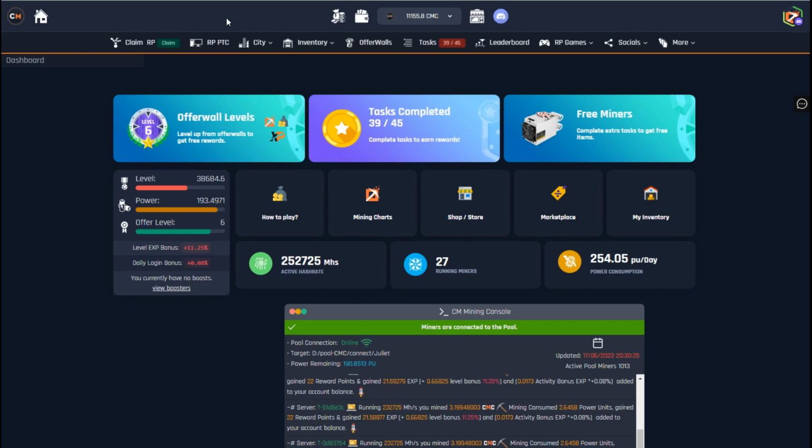So all you've got to do, if you want to continue to withdraw to Faucet Pay, is simply go into your account and click on the tab in the menu bar at the top that says wallet. Then you'll see all the different coins listed, and next to each coin it says withdrawal, but it also says deposit.